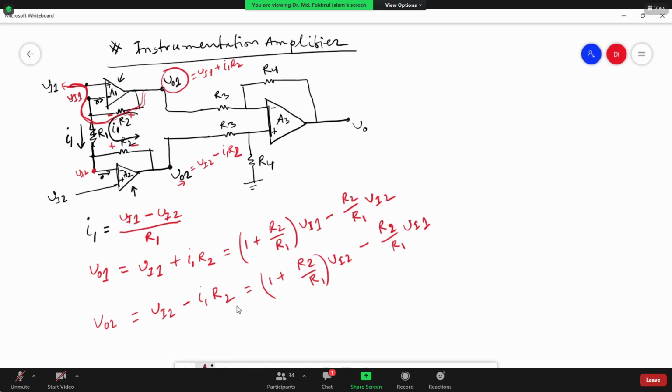Then from the difference amplifier, V0 equals R4 by R3 times V02 minus V01.